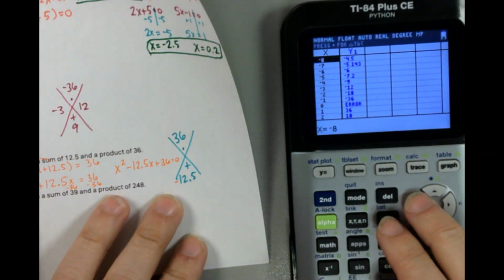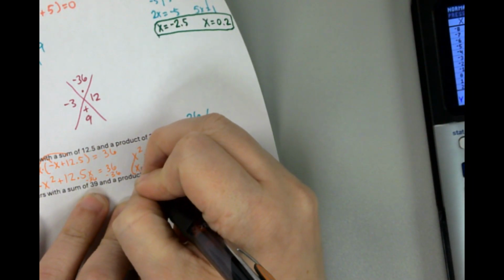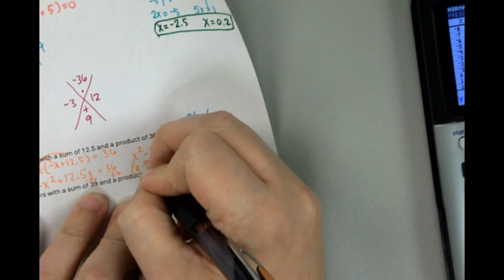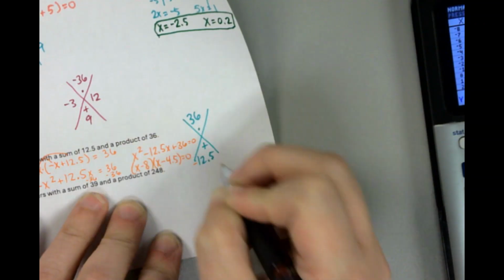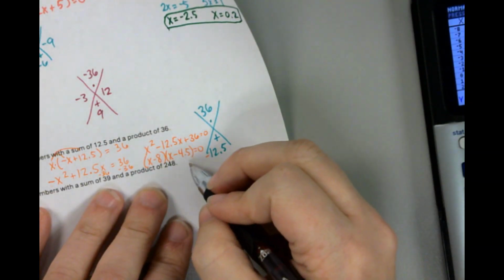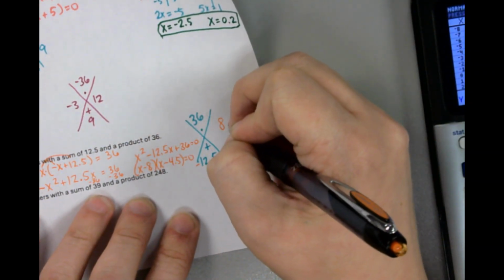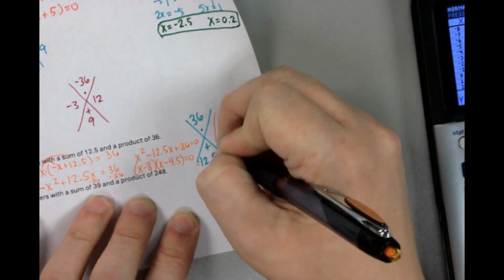Negative 8 and negative 4.5 do it, which means this is x minus 8, x minus 4.5, which means x equals 8, x equals 4.5. Those are my solutions.